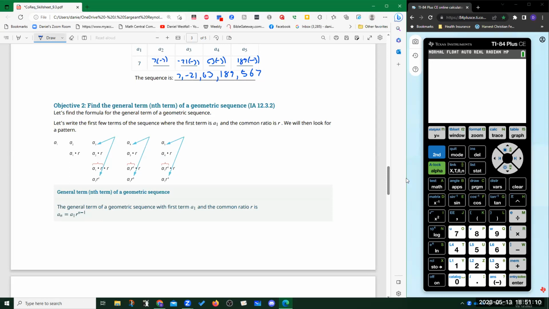So instead of having an f of n or a p of n, we're just going to have a_n is going to be equal to a1 times r to the, and because the textbook here starts its first term at 1, this is going to be n minus 1, because we don't want to multiply by this r the first time for a1. So we want that to be r to the 0 is 1 for a1.